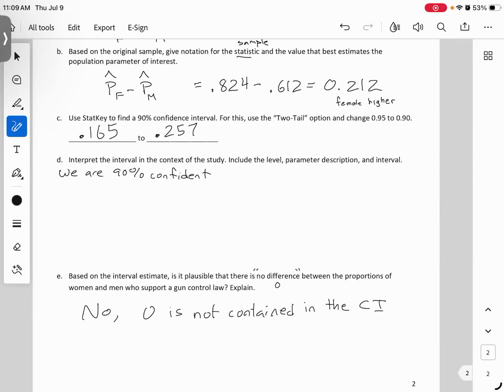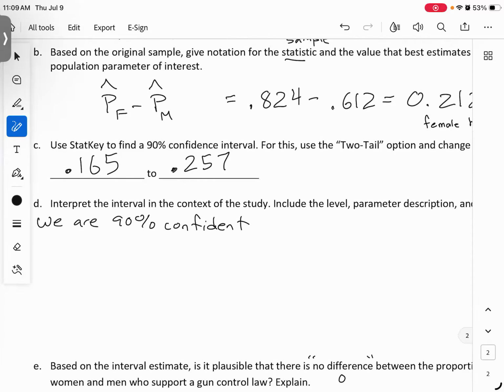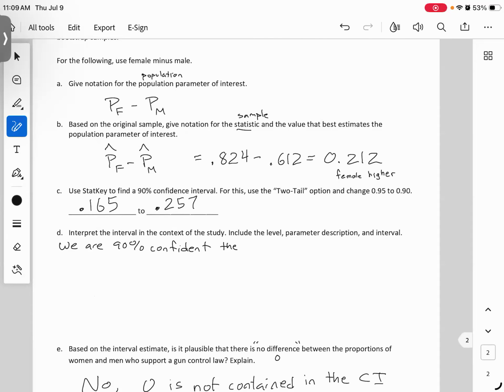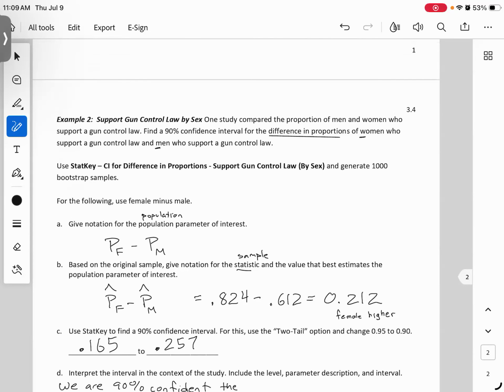And that's also different about this section. Rather than say 95, now in some of these examples for 3-4, it's going to be either 90 or 99% confident. And then all I'm going to do here is really just reuse their words. This was the goal, to talk about the difference.